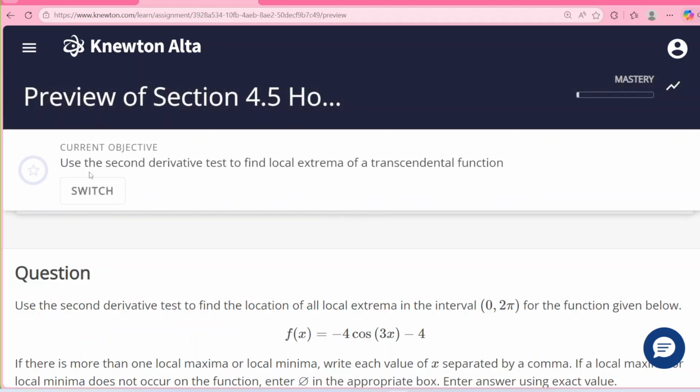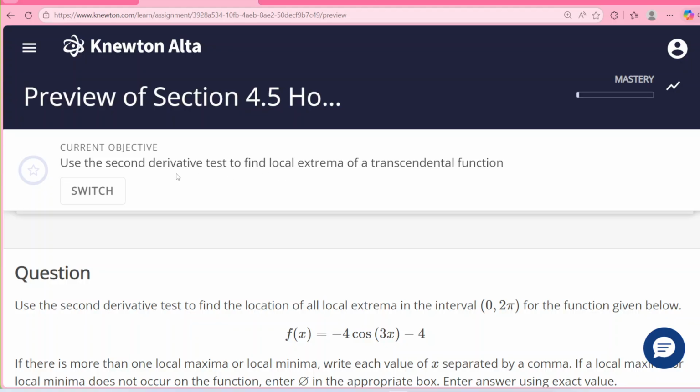Okay, so now we get into the title of the heading on these three objectives, which is the second derivative test. So back in part one, we talked about the first derivative test to locate those tops of hills and bottoms of valleys on graphs of functions, right, where those local extrema were.